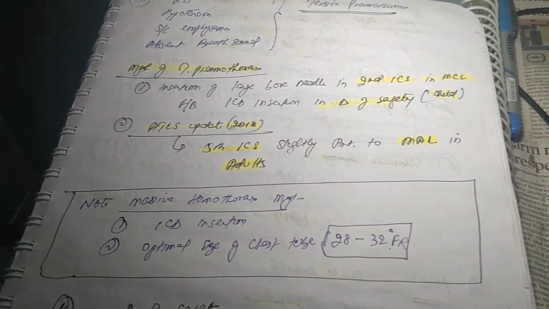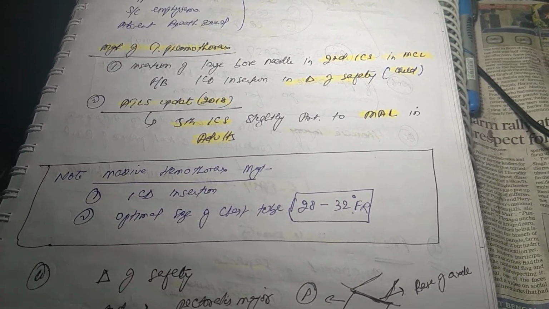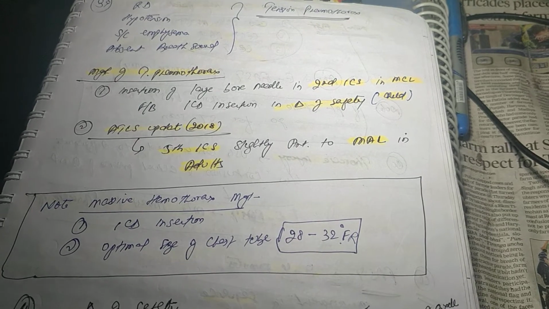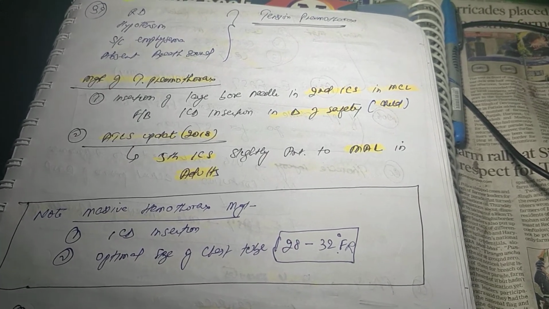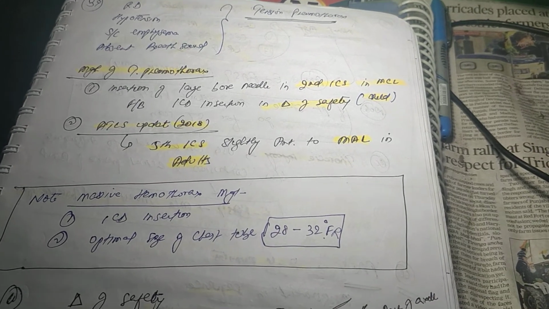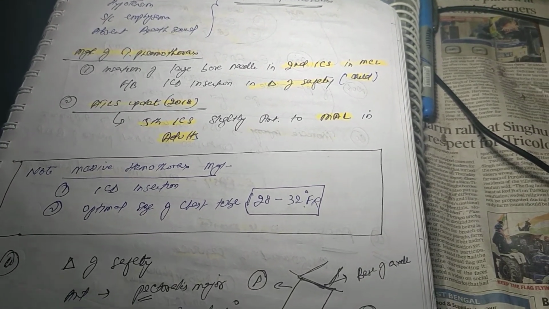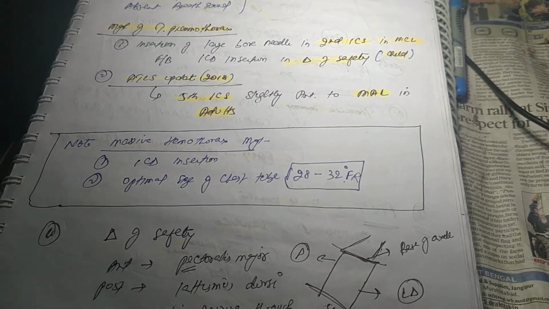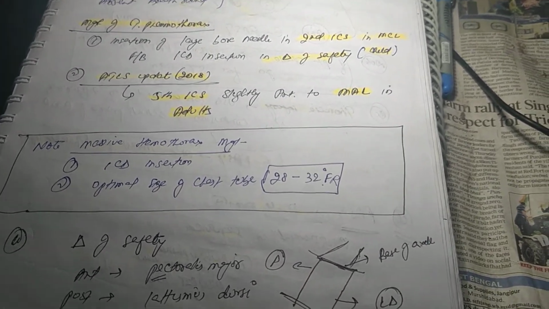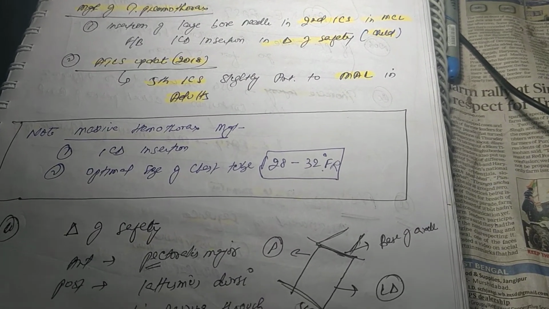And what is the management of tension pneumothorax? It's of two types. In the child, it will be insertion of a large bore needle in the second intercostal space in the MCL, that is mid clavicle line, followed by ICD insertion in the triangle of safety. But if the question is regarding adults, then you have to follow ATLS update 2018.